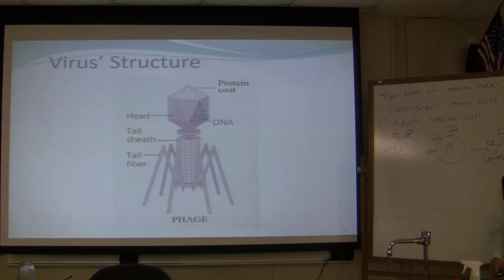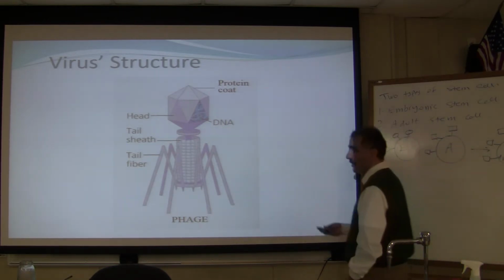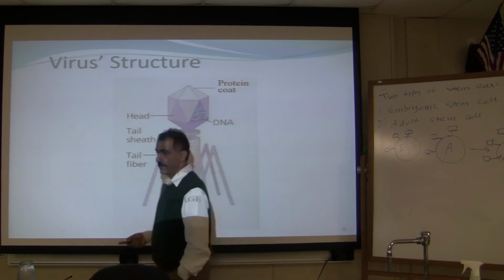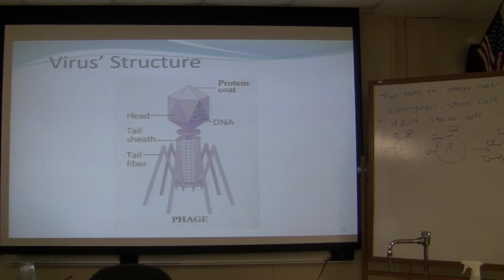Okay, let's talk about viruses a little bit. I think I talked about just about everything that we talked about. I did talk about viruses as well, so I'm not going to go into detail and say a lot about viruses. This is a picture of a phage. Your textbook gave you different pictures of phage, different pictures of viruses.